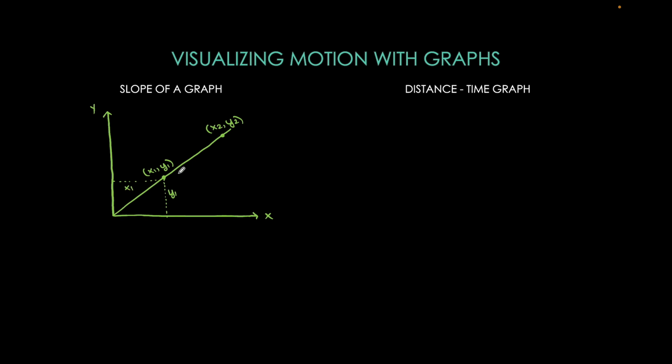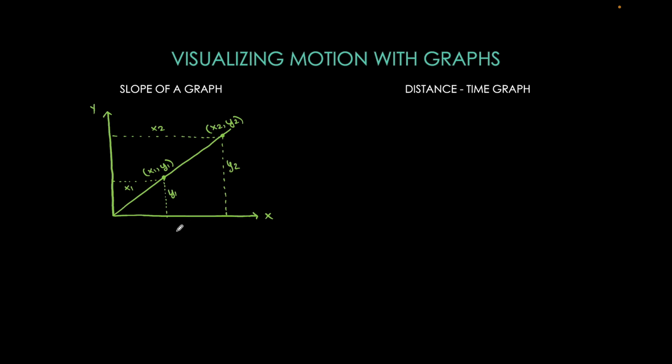So I hope this is clear. Okay. Similar for this case, x2 is basically the distance from the y-axis and y2 is basically the distance from the x-axis, right?